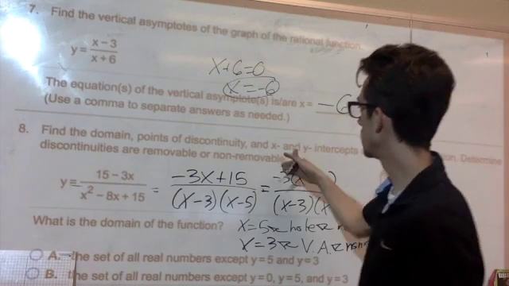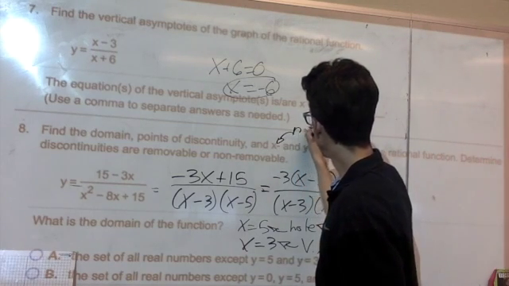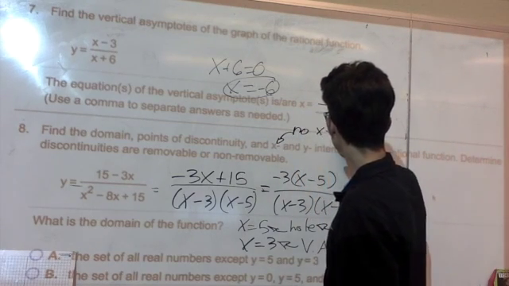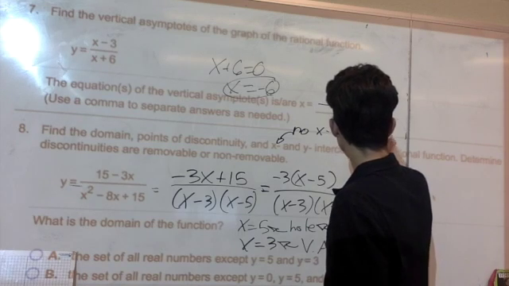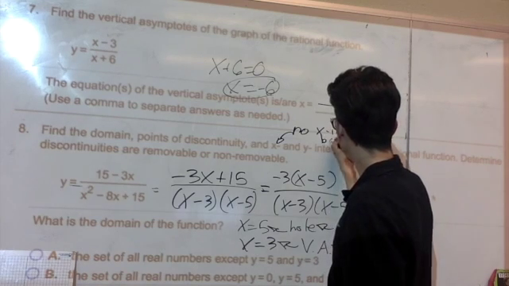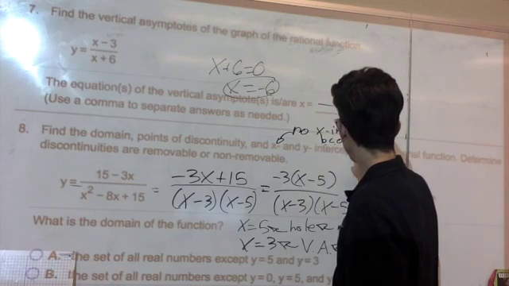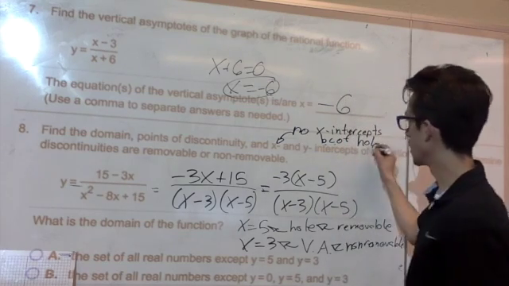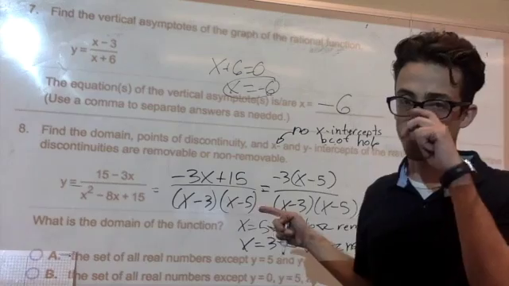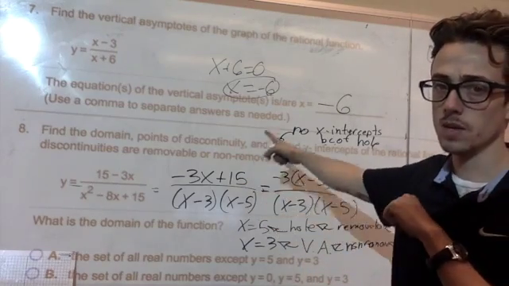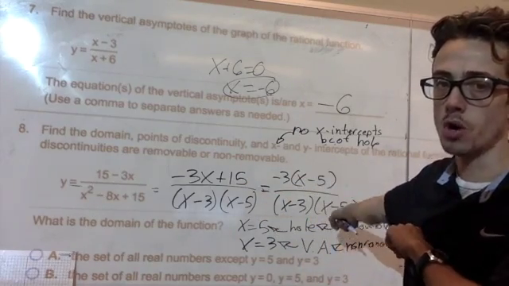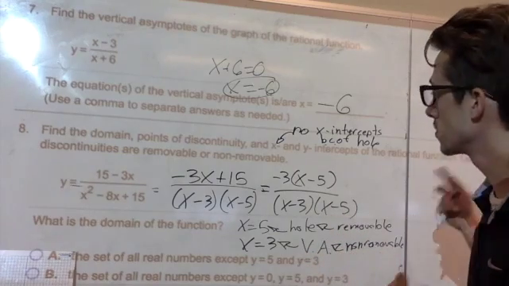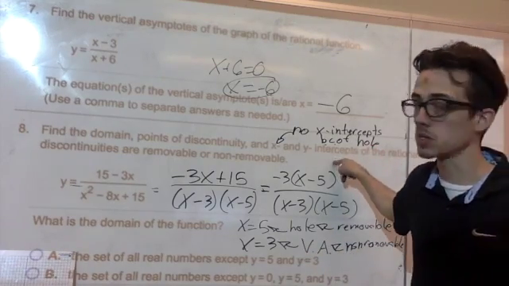There's going to be none. So there are no x-intercepts because we would have to fall back on what the numerator is saying. But since x minus 5 is a hole, it's just going to be an open circle there. So we actually just say that there's no x-intercept.